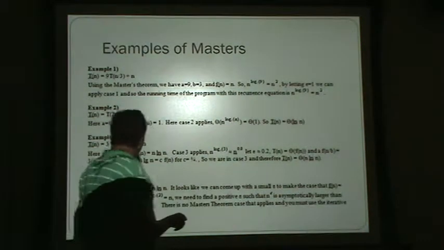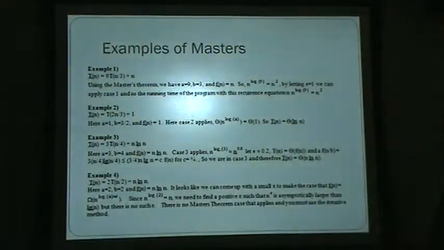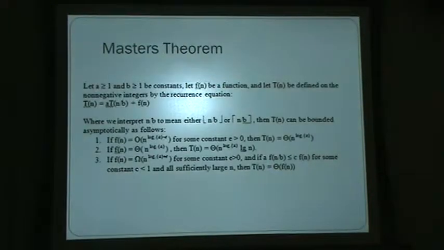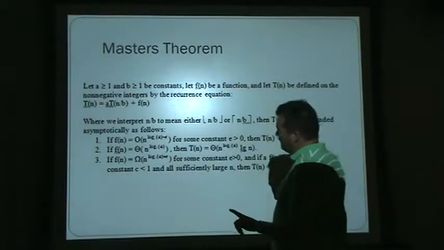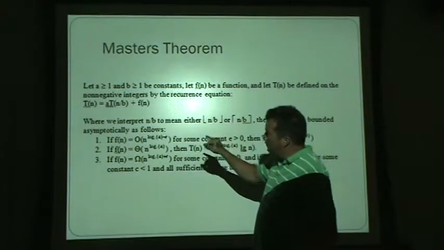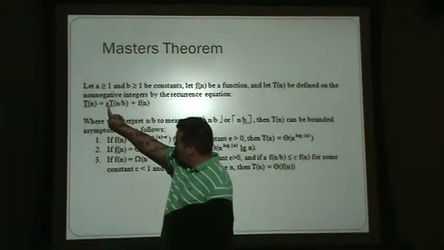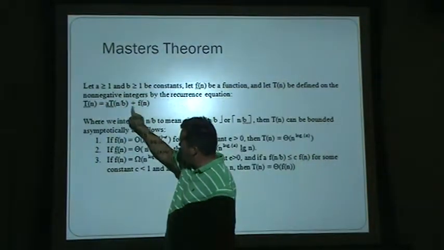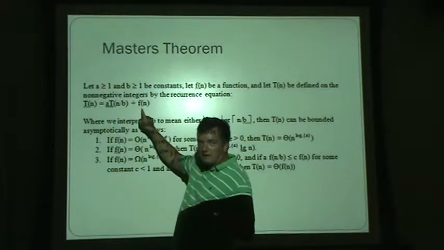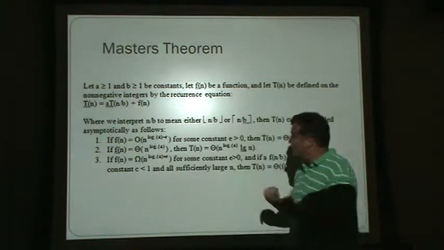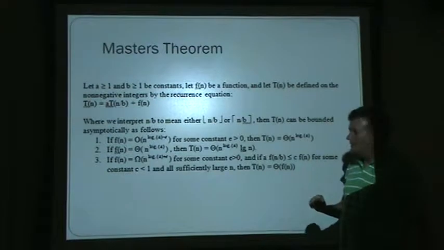Case 2 is where they're equal. So, for example, if the function was 9 T of n divided by 3, and this function out here was n squared, then they would have matched perfectly, right?